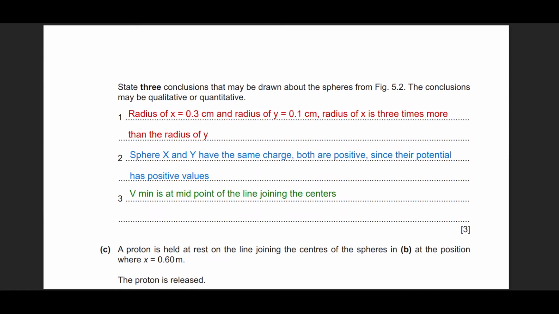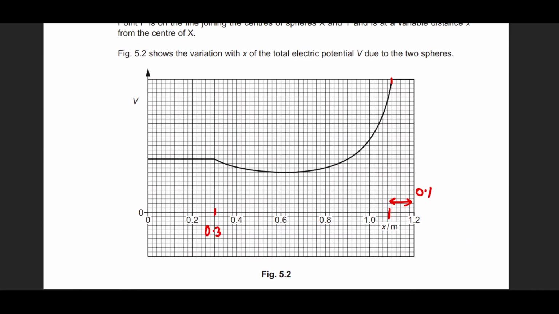We can either say the radius of X is 0.3 and Y is 0.1, or we can say the radius of X is 3 times the radius of Y. And if we visualize the spheres themselves, this is what they look like in real life, over here and over here. Of course, the rest of each sphere is over here. All right, so we've discussed the first point.